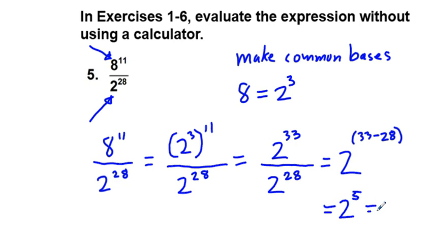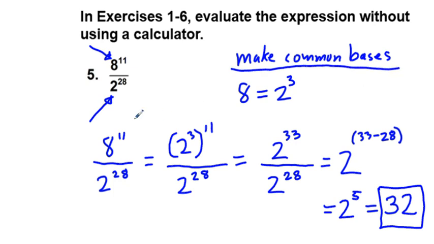And 2 to the 5th is 2 times 2, which is 4, and 4 times another 2, which is 8, 8 times another 2, which is 16, and 16 times another 2, which is 32. So our answer is going to be 32. Okay, finding the common base. That's the key skill being practiced.